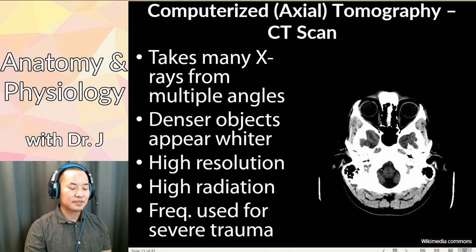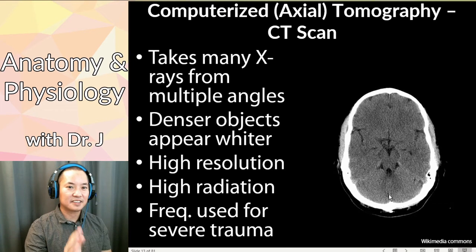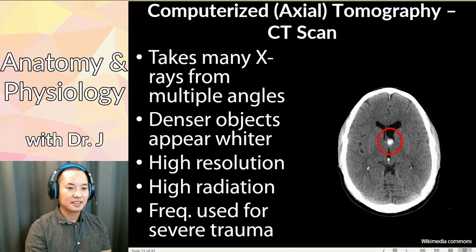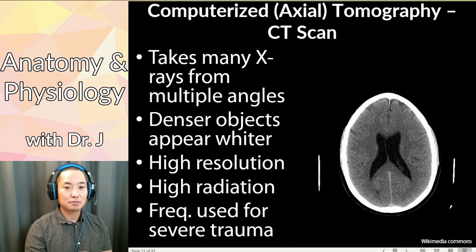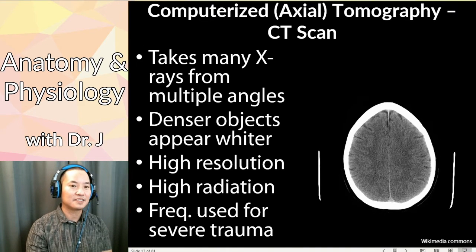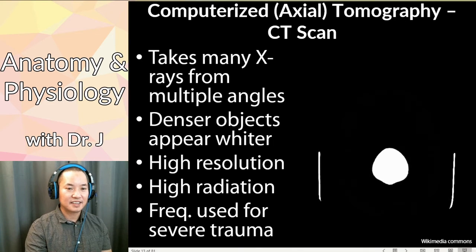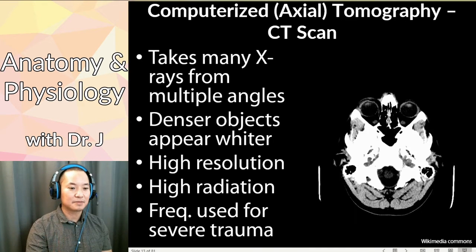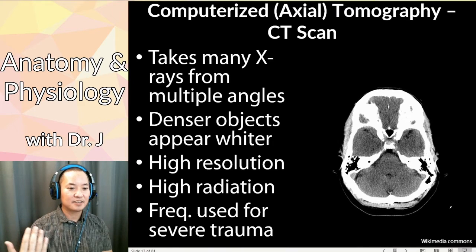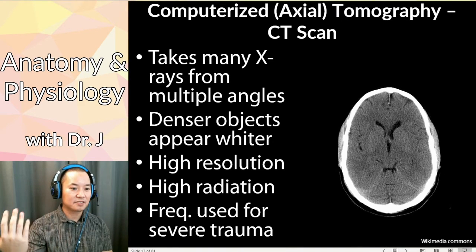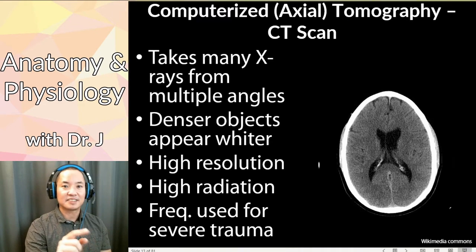It's also used for severe trauma. You not only can detect dense objects, you can also detect liquids and edema or bleeding as well. That's why you often see CT scans done when someone's in a car accident and they might do a CT scan of the head to check out the inside of the head, because an EEG only detects electrical impulses at the surface. It doesn't actually produce images like we see here.